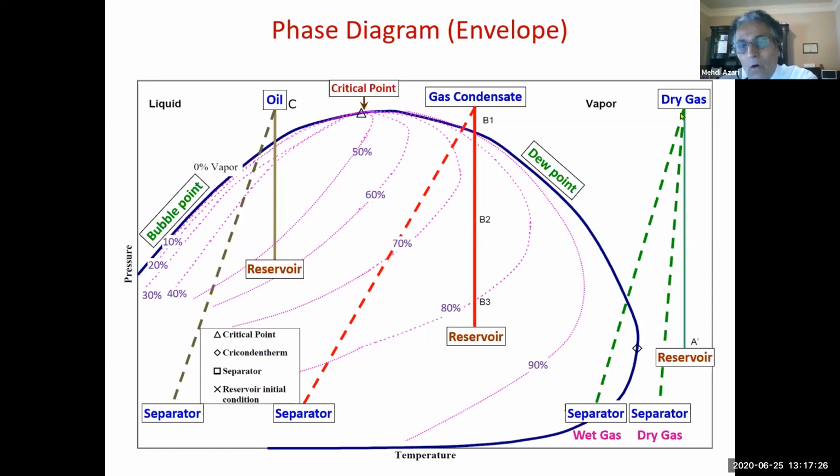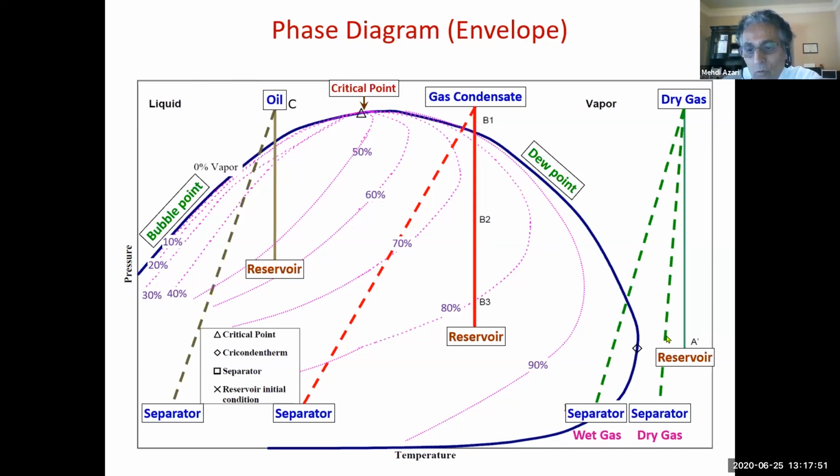Then we have another one, which is called a dry gas. A dry gas is way to the right, that it is purely gas. Inside the reservoir, pressure drops, comes from that point to this point, and it is gas. It doesn't cross the point. And then you could have a situation that it is dry gas in the reservoir like that one here.